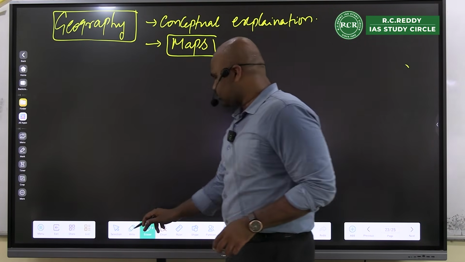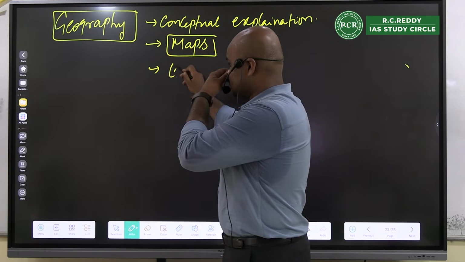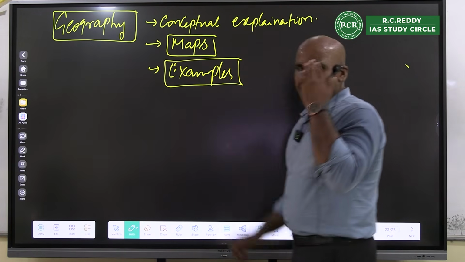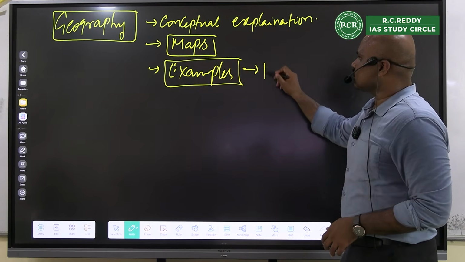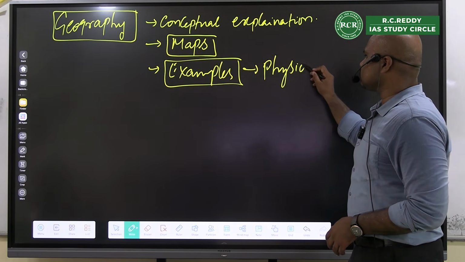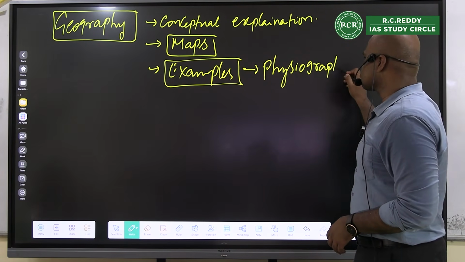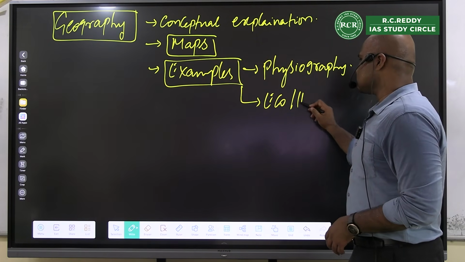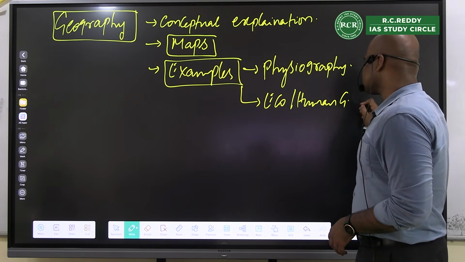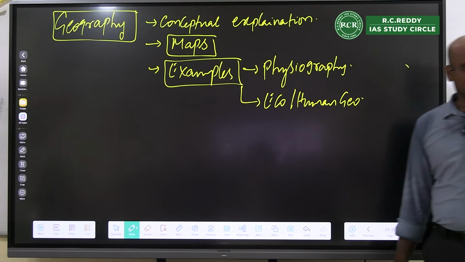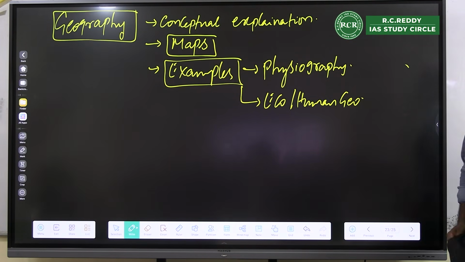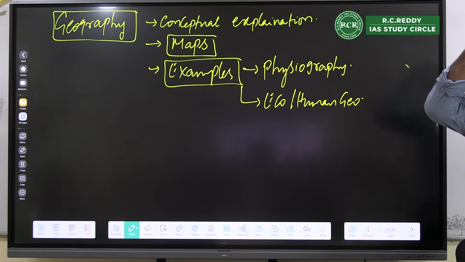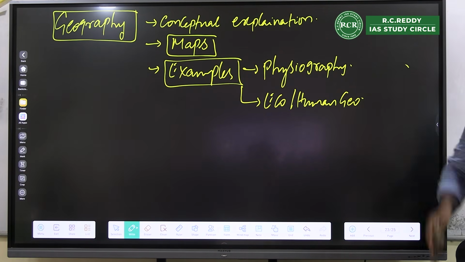What is the other component here? Examples. Examples whenever we are talking about those questions related to physiography, those questions related to economic and human geography. Economic and human geography, I would definitely need to have examples. When I say examples, real time examples will have to be substantiated when you are writing this.